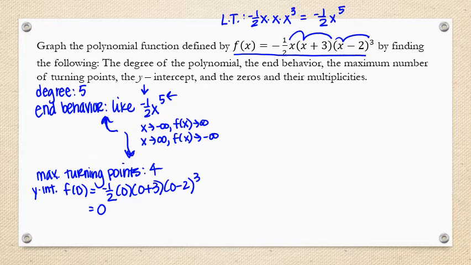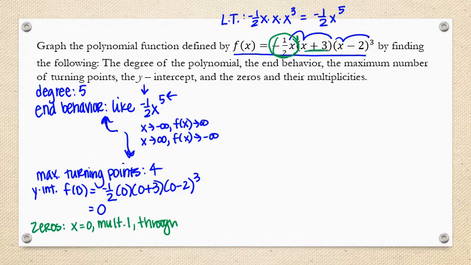And then for the zeros of the function, this first factor is going to equal 0 when x is 0. That has a multiplicity of 1, because this factor is basically to the first power, even though it doesn't show that, which means the graph will go through at 0.